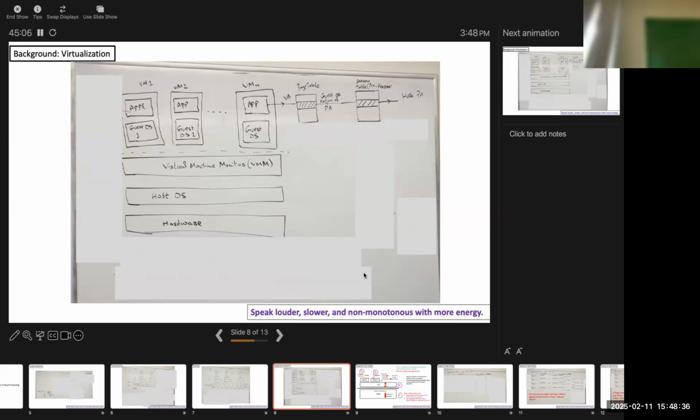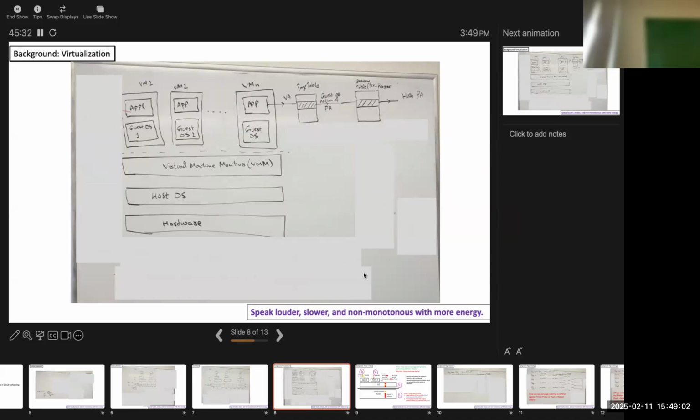Now, you know where this page table is located, right? Where is the page table located? In memory, right? The traditional page table is located in memory, whether it is a virtualized environment or not.